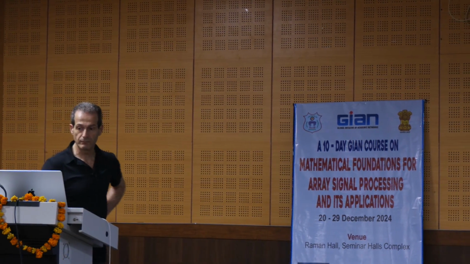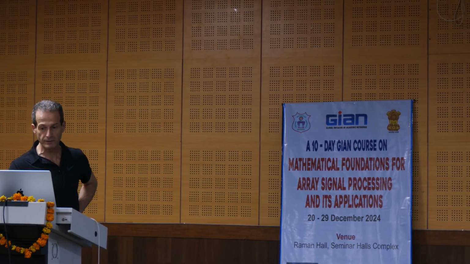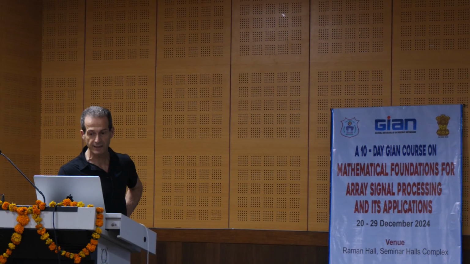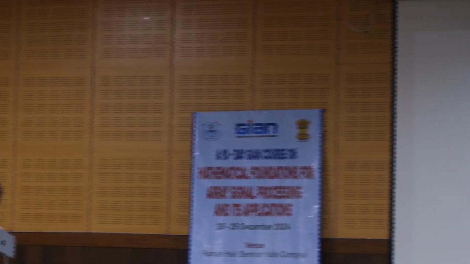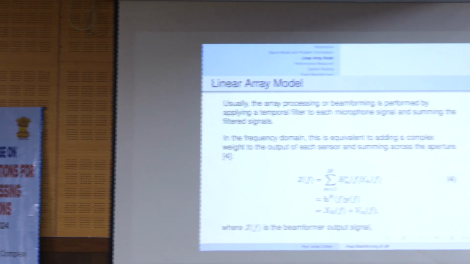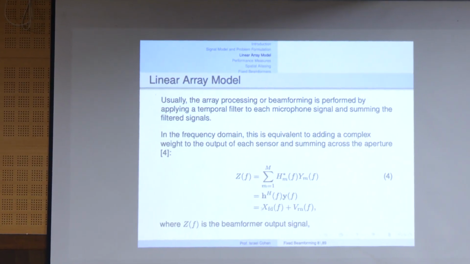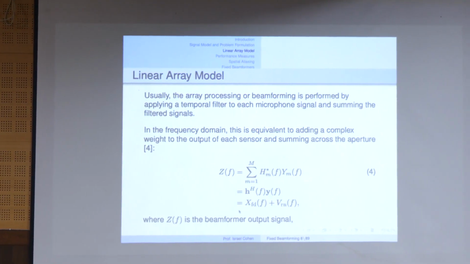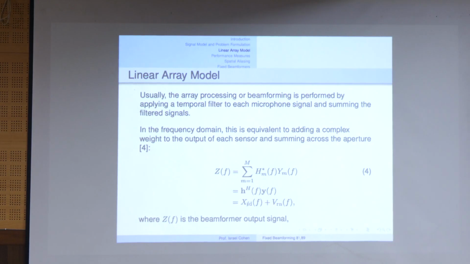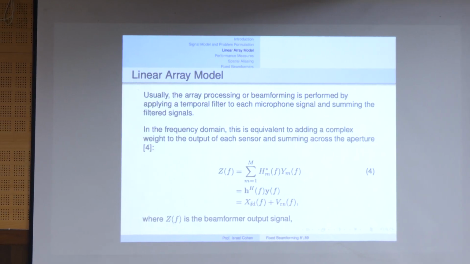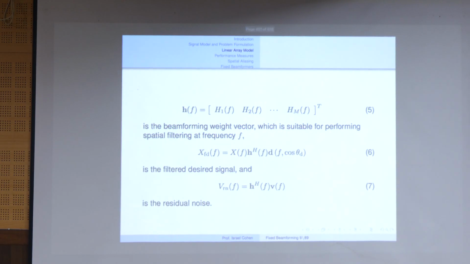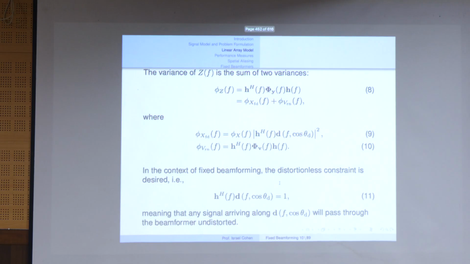Now, the linear array model for the beamformer is similar to what we did with signal enhancement. So we have two components of the output: the filtered desired signal plus the residual noise. But we don't make any assumptions about the desired signal other than that it comes from a certain direction. So we write the filtered desired signal like this, and the residual noise is the beamformer applied to the noise signal.